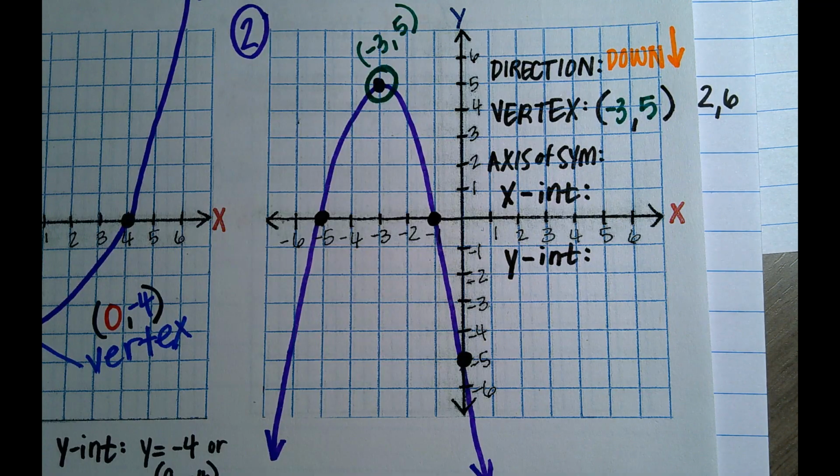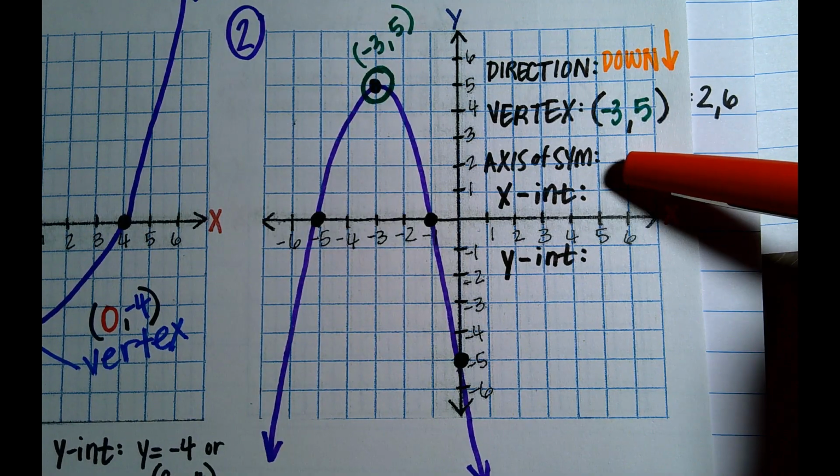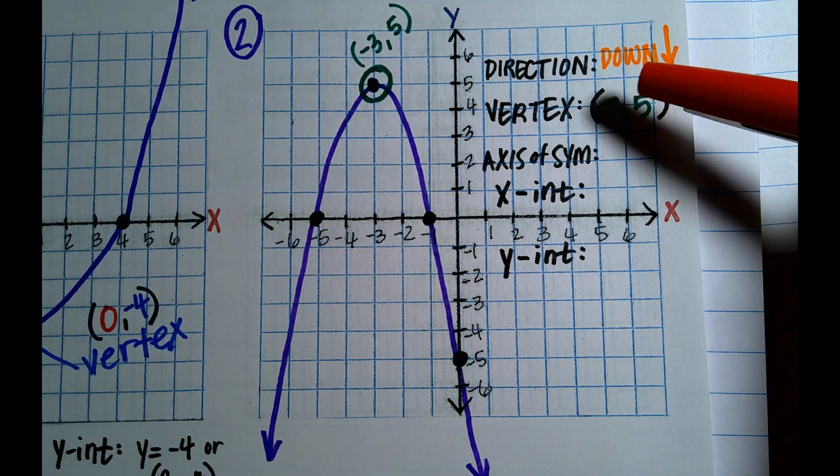Here we go. Yeah. It's the dot that touches. It's the coordinates going up and then this one over. Now, if you remember the trick for the axis of symmetry, it's going to match the x of the vertex.